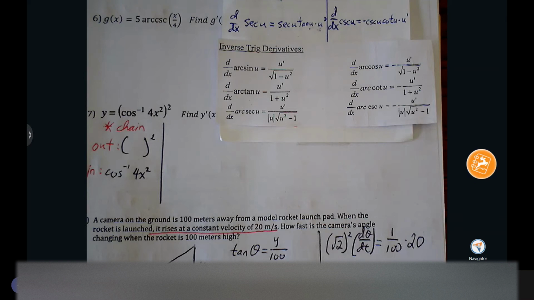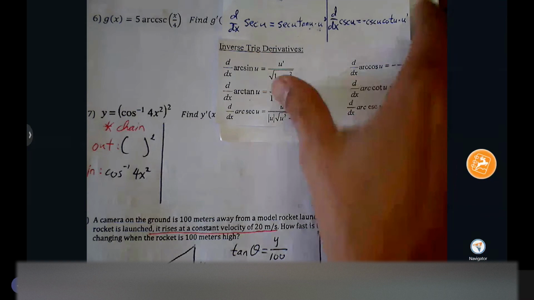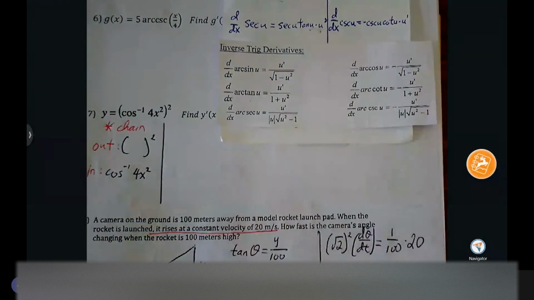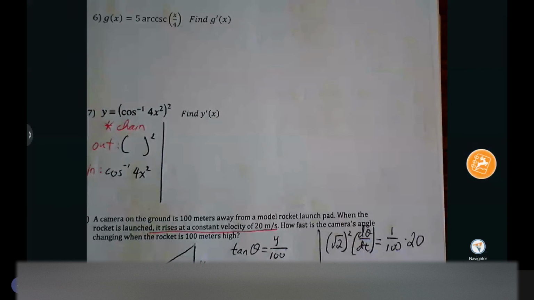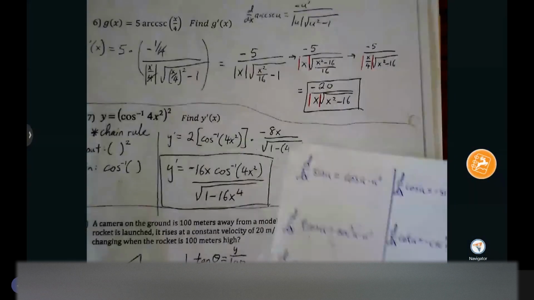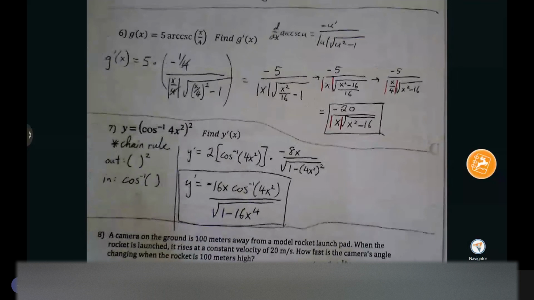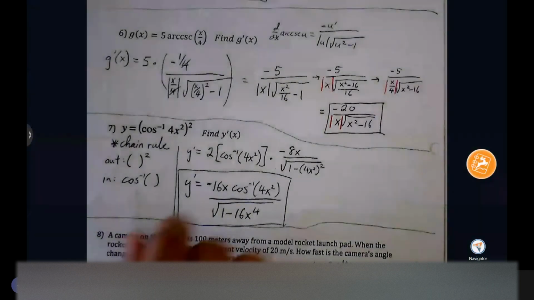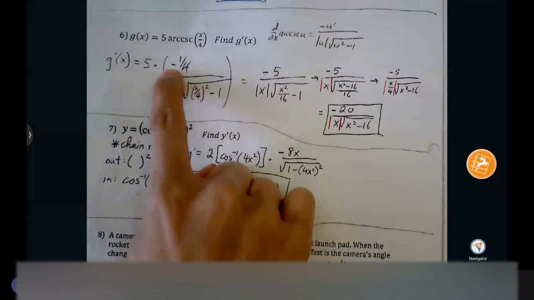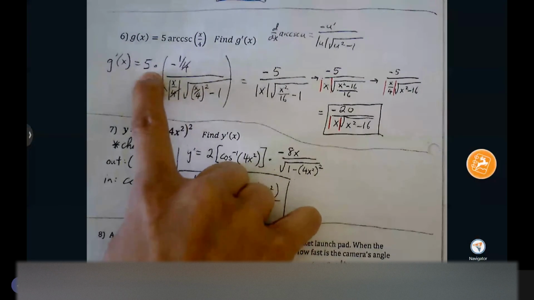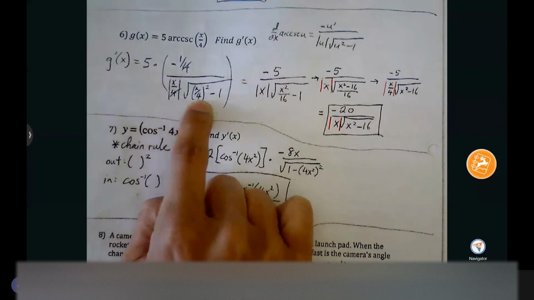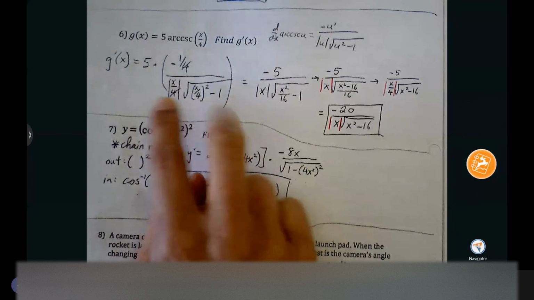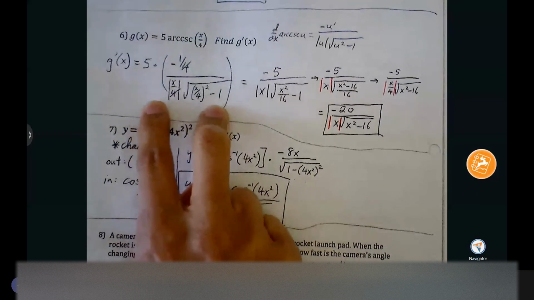Your u value is 1/4 times x. One-fourth x becomes 1/4 with a negative in front, and the 5 is just going to attach itself in front. Ask the value of u. x over 4, square root of u squared minus 1. So this is fine. But I'm going to go ahead and try to clean this up a little bit more.